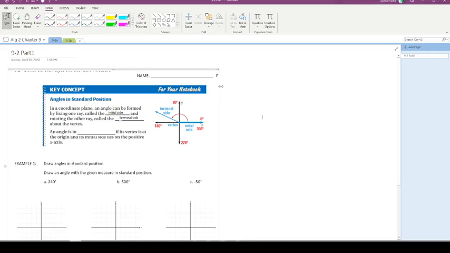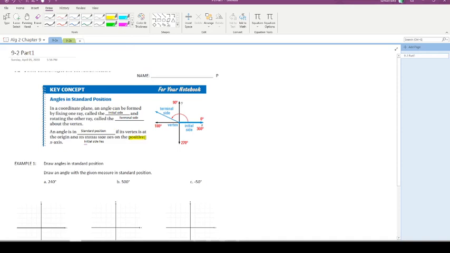An angle is in standard position if its vertex is at the origin and the initial side lies on the positive x-axis, and that is very important.